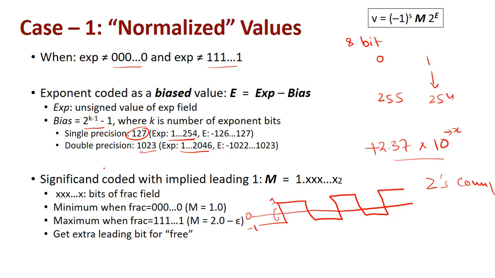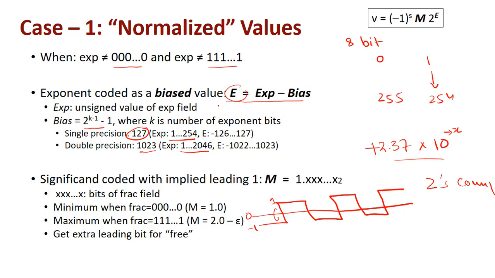Now, the formula to encode the exponent: whatever value we got for exp, I have to subtract the bias from it. For 8 bits, I have a bias of 127. So eventually I'll get the exponent.